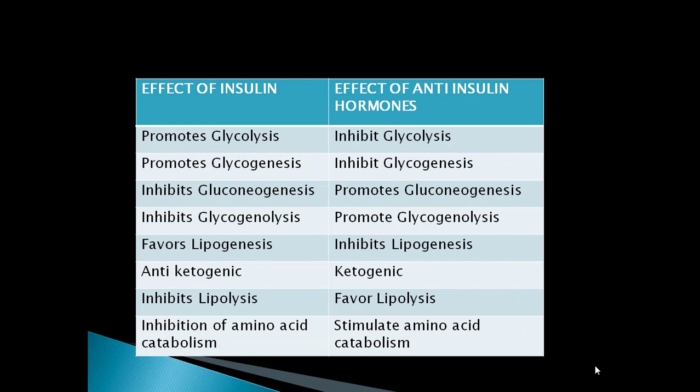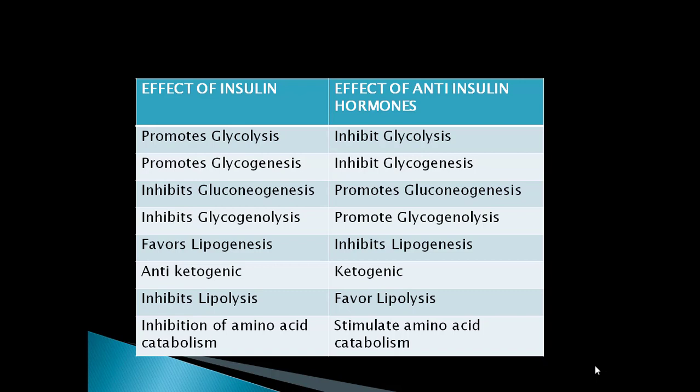In the previous lecture on regulation of blood glucose levels, we had insight into the effect of various factors which maintain the blood sugar levels or blood glucose levels. In that we have the effect of insulin on maintenance of blood glucose and the effect of anti-insulin hormones on maintenance of blood glucose levels.